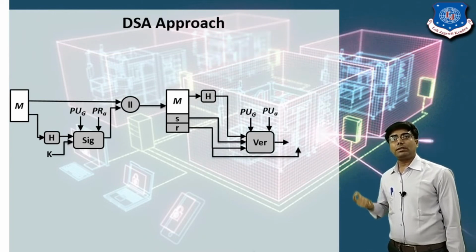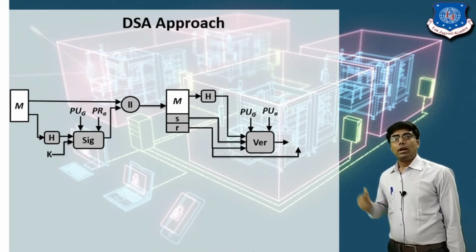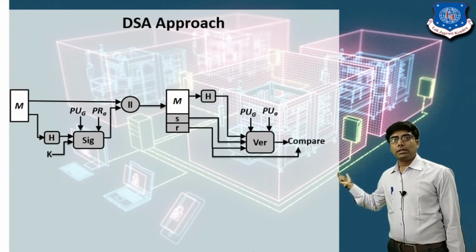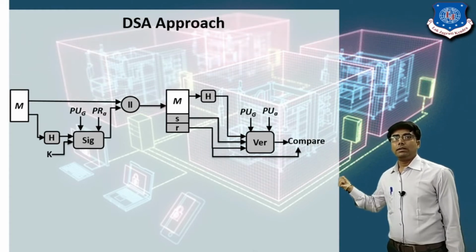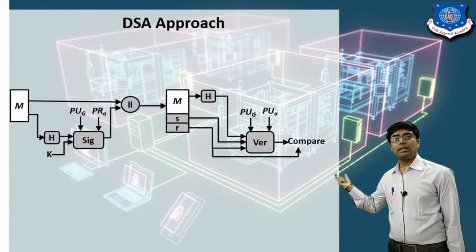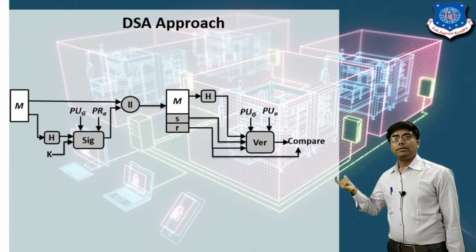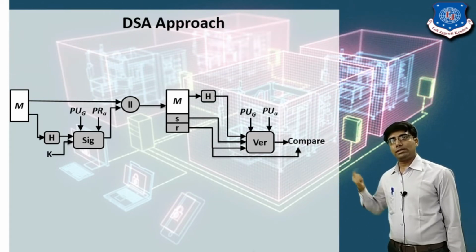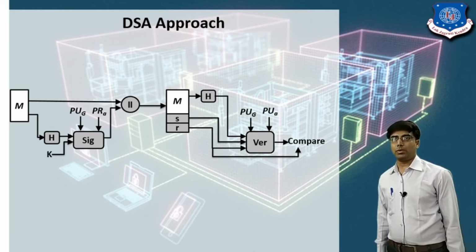The output of the verification is a value, and that value is compared with the signature component R. If both are equal, it means the signature is valid. If the signature is valid, the receiver accepts the message. So this is the scenario of the DSA approach.